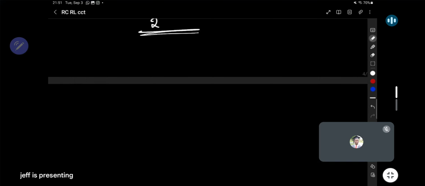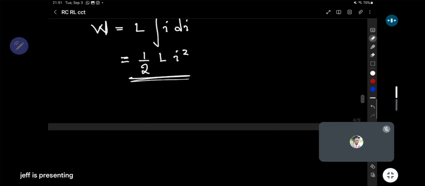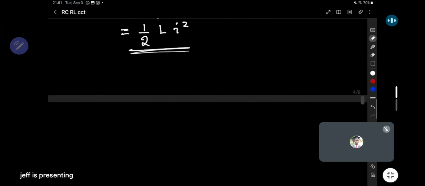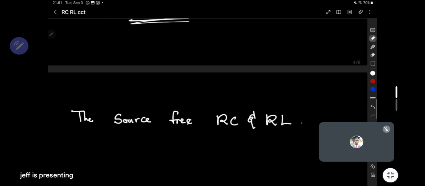Now, the next thing we're going to look at is how we actually work with these formulas we have come up with. So that leads us to the first one, which is going to be source-free RC and RL circuits.